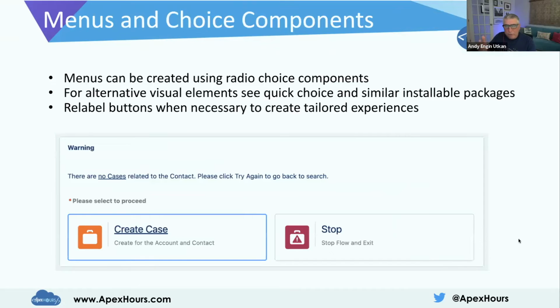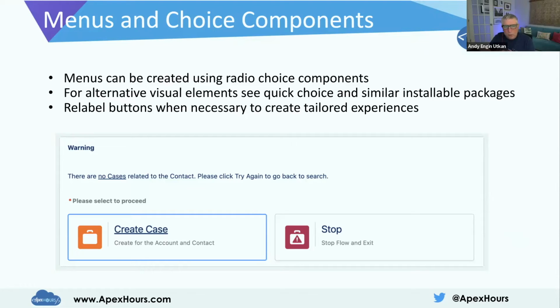So menus and choices are quite important. When you create comprehensive journeys for your users, you're eventually going to give them choices, menus. And the simplest way you can do that is a radio choice component. If you give them a radio choice, you are going to list the choices one after another, one below the other, and then the user can choose them.